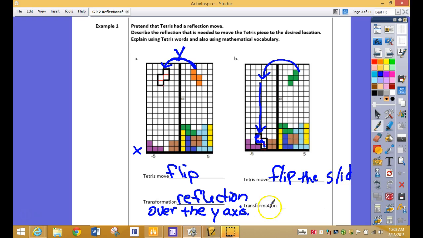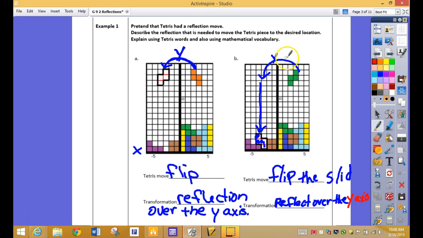So now, in the words we know now, what is a flip known as? We have to reflect it. We reflected it over the y-axis. Again, we reflected it over the y-axis. Was I done?